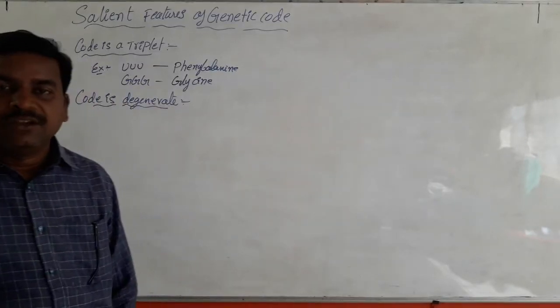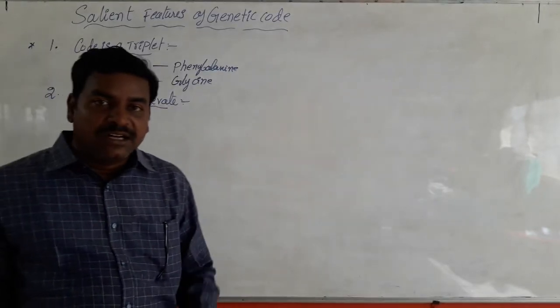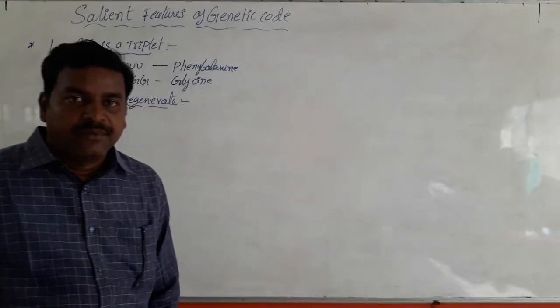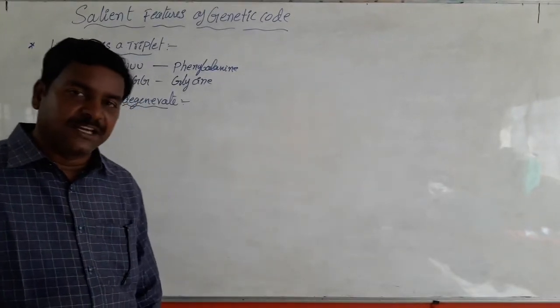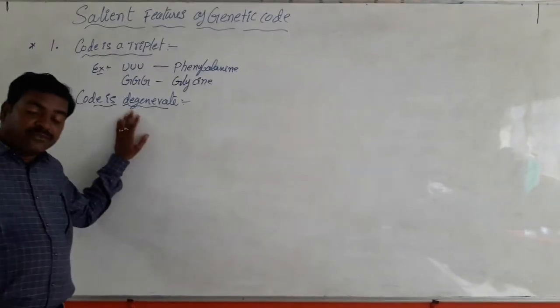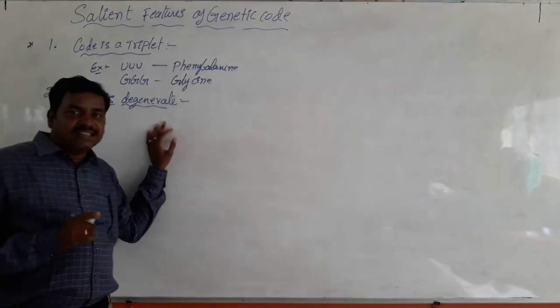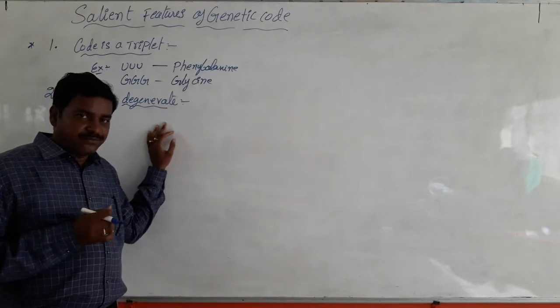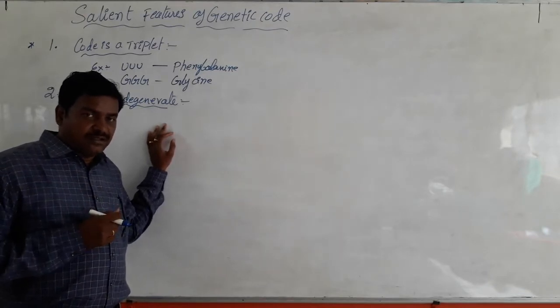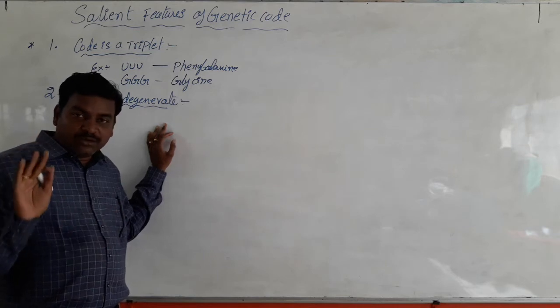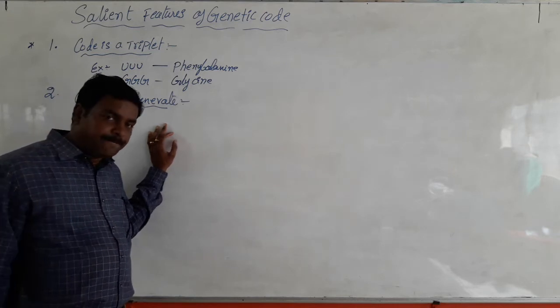Students, there are a total of 64 codons in the codon dictionary, but only 20 types of amino acids are there.